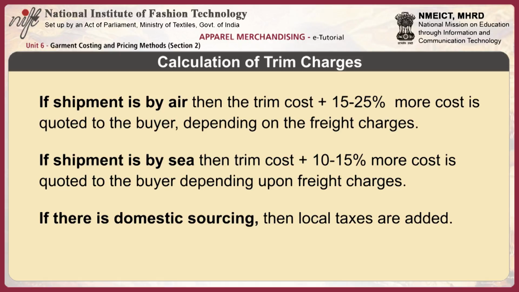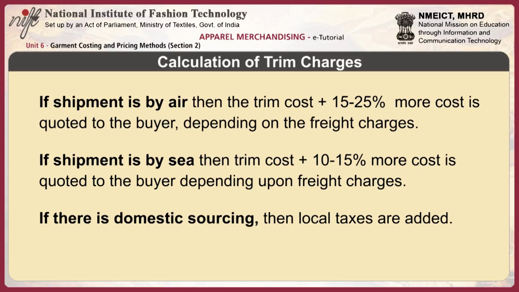Depending on the freight charges, the cost of the trims would also vary. If the shipment is by sea, then the trim cost plus 10 to 15% more is quoted to the buyer depending on the freight charges.